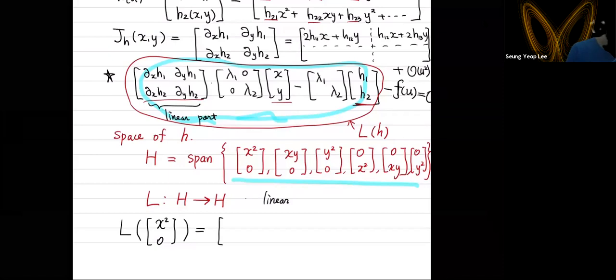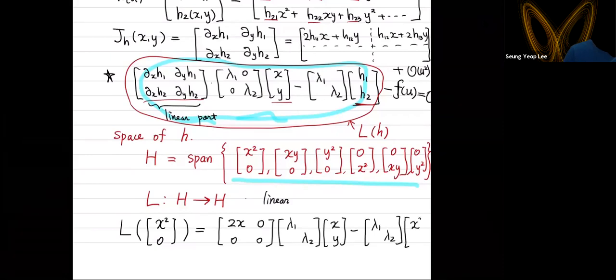The first term is the partial derivative in x, 2x, and the partial derivative in y is 0, and 0, 0. So that's this first matrix, with lambda 1, lambda 2, x, y, minus lambda 1, lambda 2, and here h is this. So that's the calculation of the first basis element.